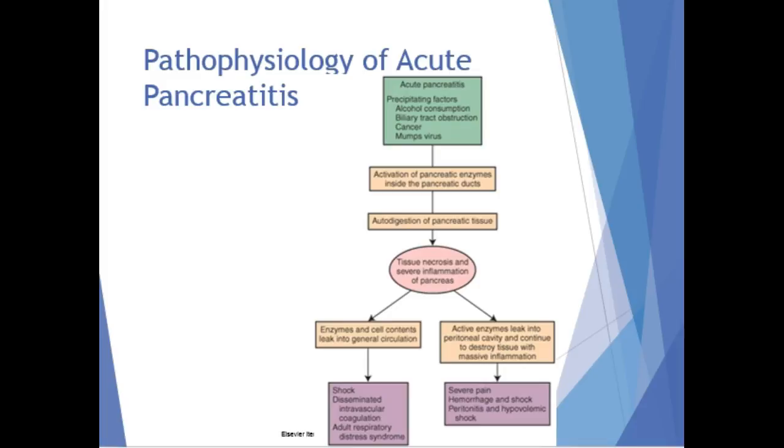So the precipitating factors are alcohol consumption, biliary tract obstruction, cancer, or in some cases the mumps virus. And then the activation of the pancreatic enzymes inside the pancreatic ducts leads to autodigestion of pancreatic tissue, which leads to tissue necrosis and severe inflammation of the pancreas, which results in enzymes and cell contents leaking into general circulation, which can cause shock, disseminated intravascular coagulation, or adult respiratory distress syndrome.